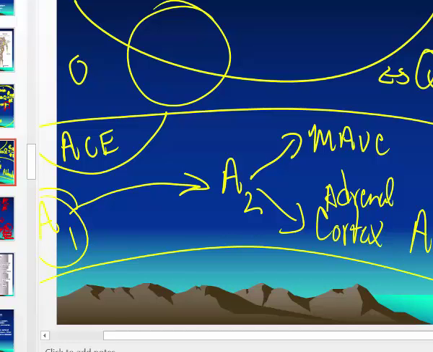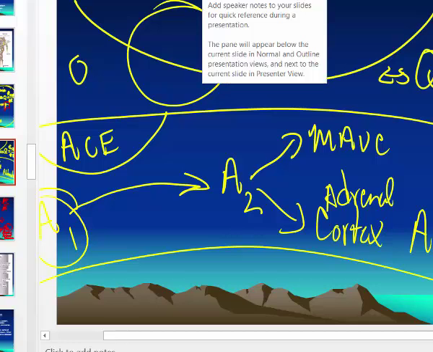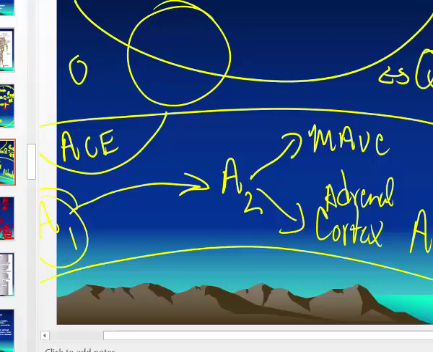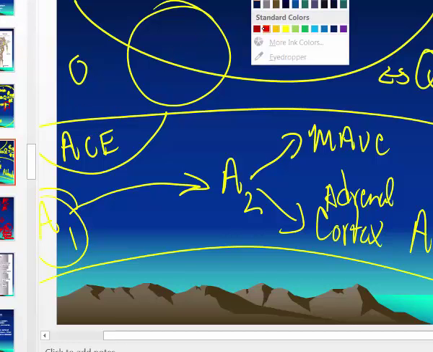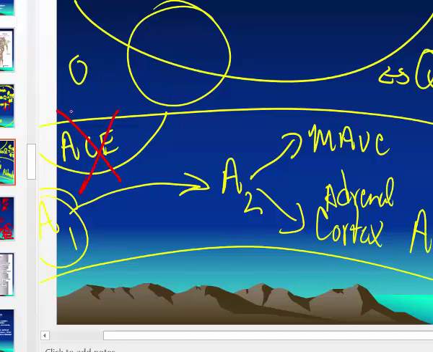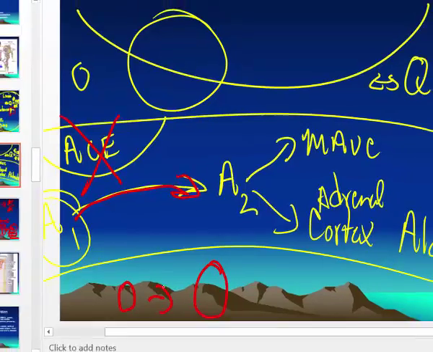Guess what ACE inhibitors inhibit? How long does angiotensin 1 last? So if you take an ACE inhibitor, you prevent the conversion of angiotensin 1 to angiotensin 2. The result is that you will get arterial vasodilation.